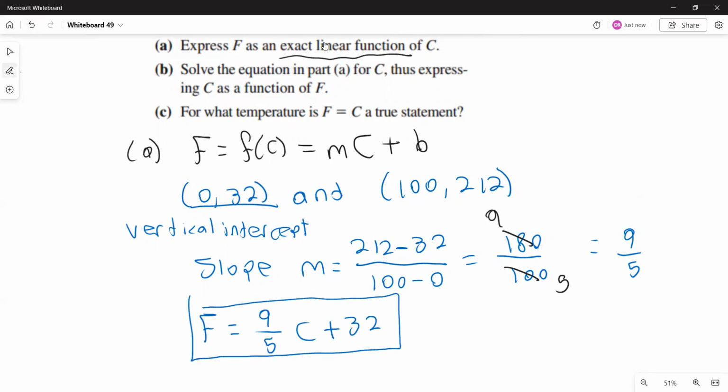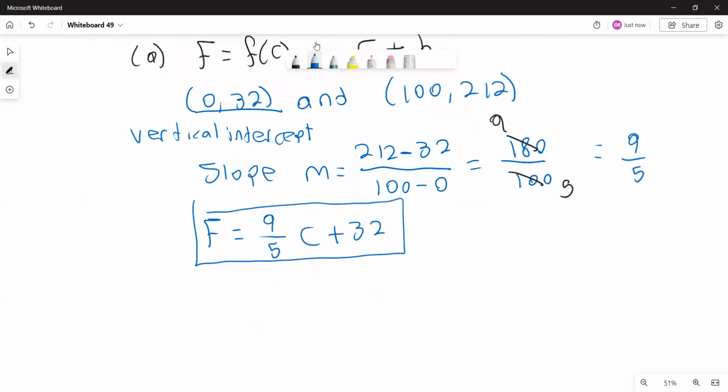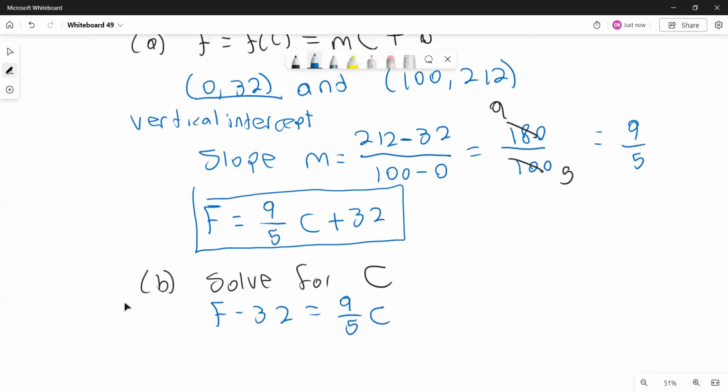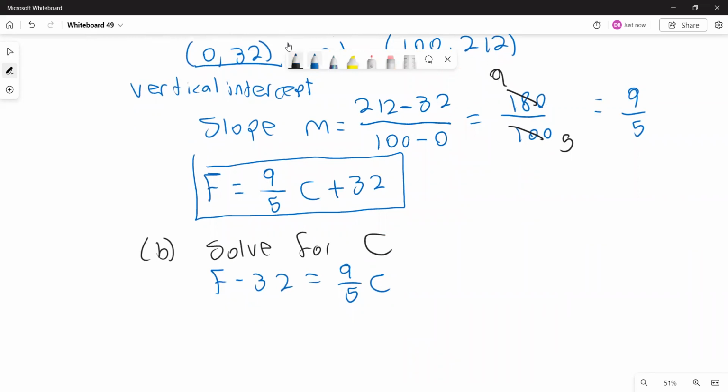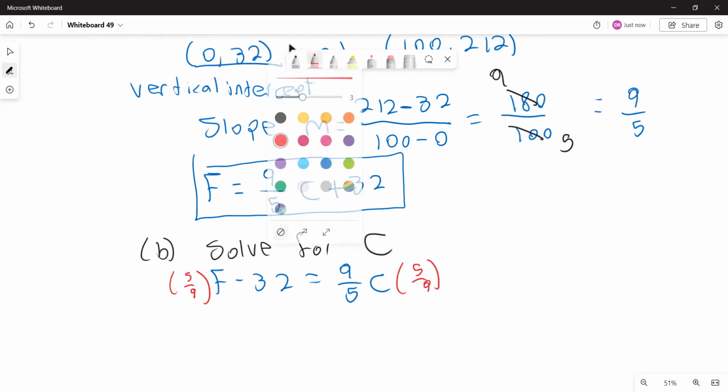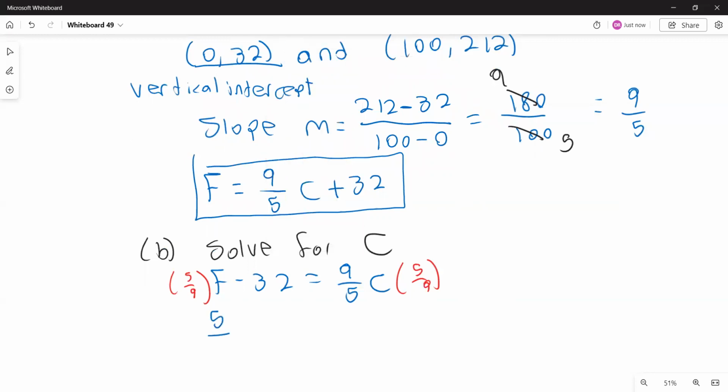Part B: solve this equation in part A for C, thus expressing C as a function of F. So solving for C, subtract 32 from both sides, and then multiply by the reciprocal, 5/9. So C is 5/9 times (F minus 32).